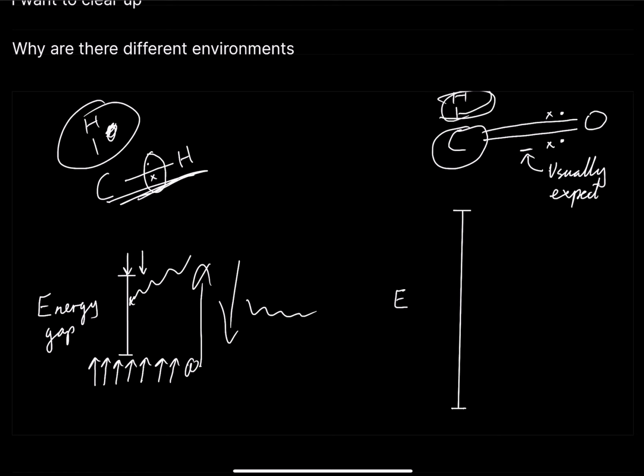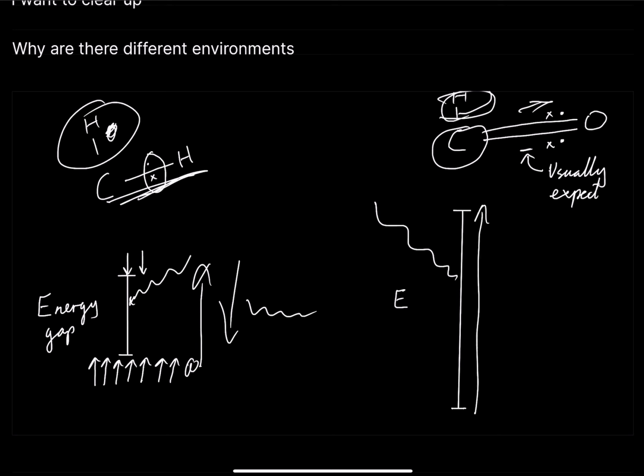I'm not worried about the carbon, I'm worried about the nuclei on the hydrogen, right? Because these electrons are further away, there's less shielding, and as I said before, our energy gap would be much higher. If the energy gap is higher, more energy is required from the radio waves to excite the nuclei to that higher energy level.